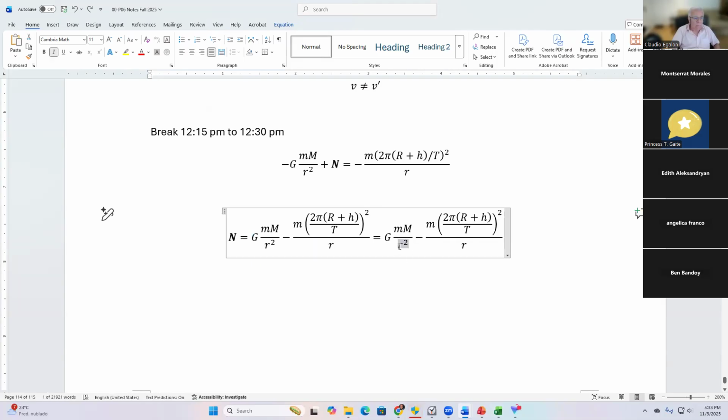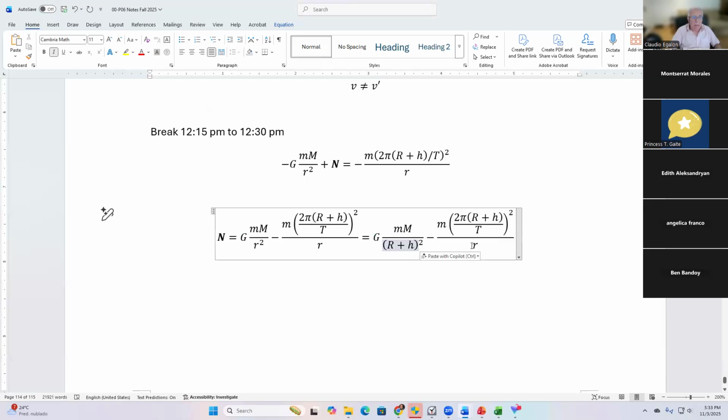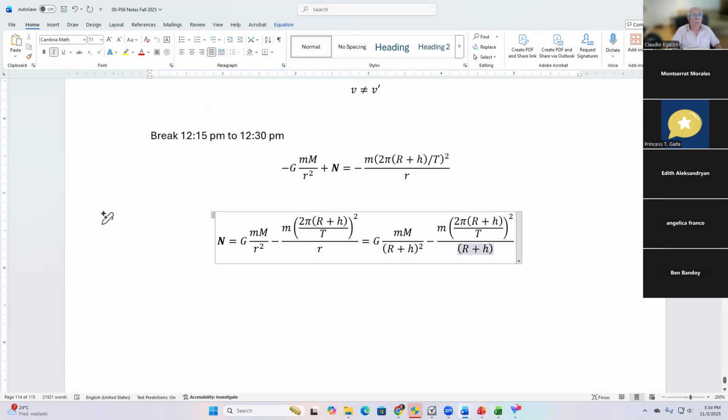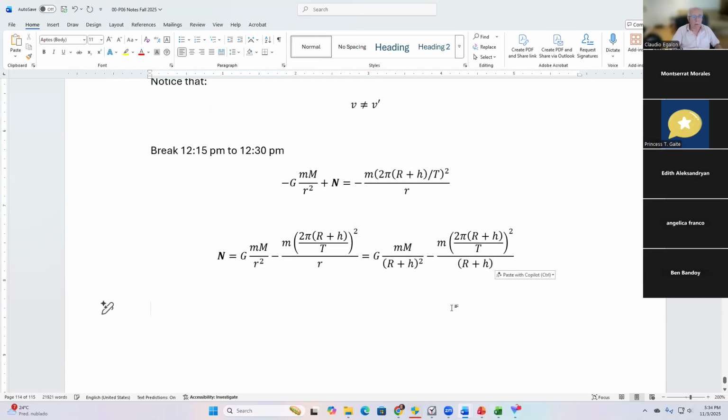It's this one. I want to place it here. Big R plus H, big R plus H. And you're going to see that there will be some simplifications here, right? Okay, that's the V square over R.